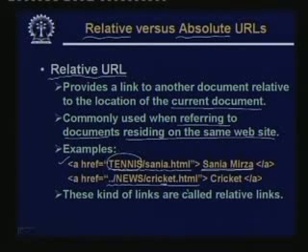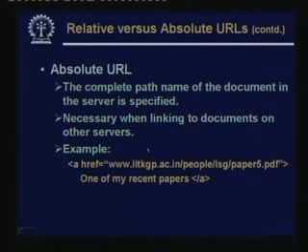These are examples of relative URL because you are not specifying the whole path. The links you are specifying here are also called relative links because these are relative to the current document. Similarly, you can have absolute URLs.